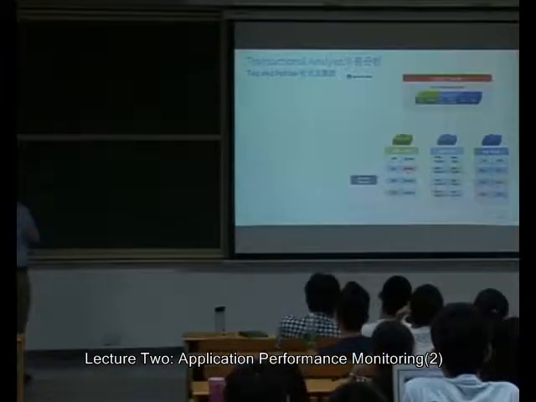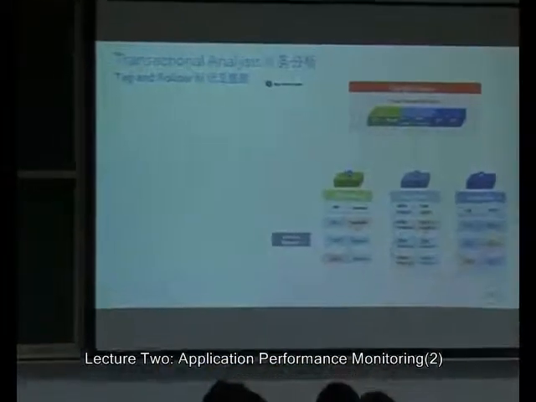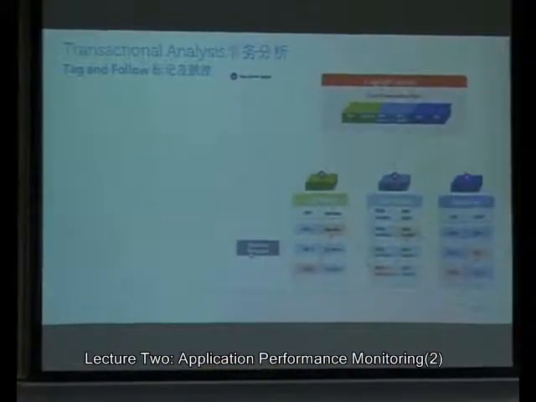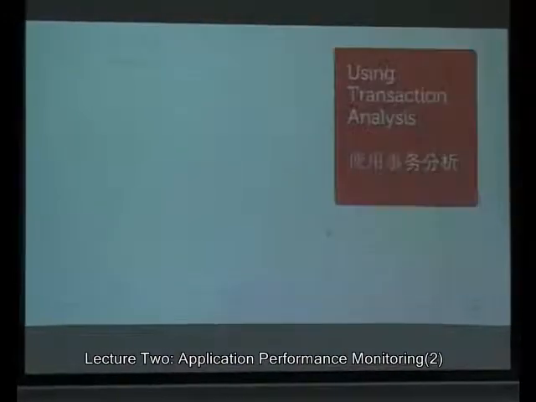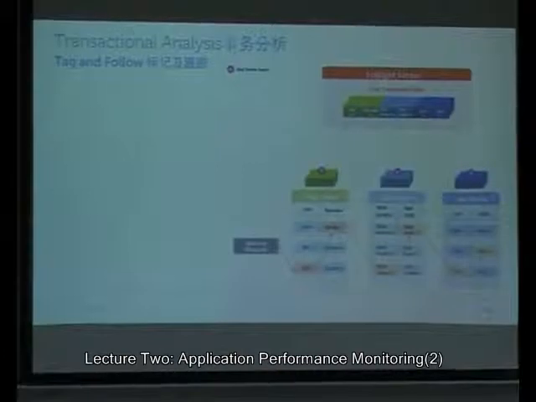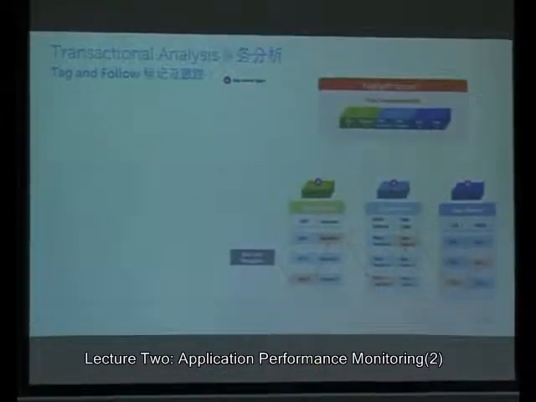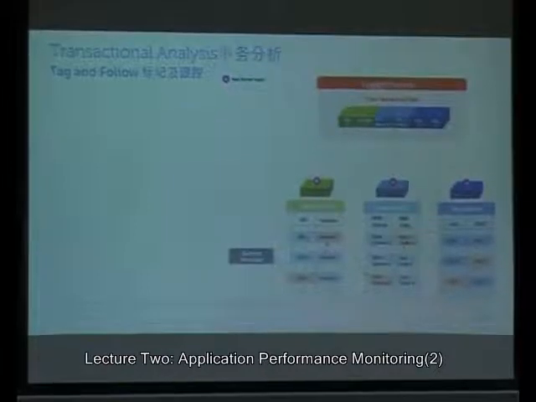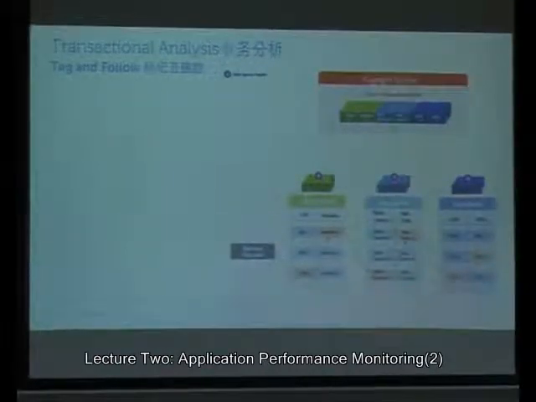You've got the service request or the web page request, any kind of request that comes in, and it calls components in this app server. This app server makes a call to this one, and so we have to follow the transaction through the different methods inside of each app server, and then we have to recreate it to get that transaction profile.